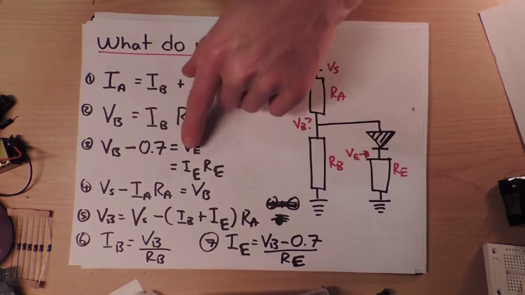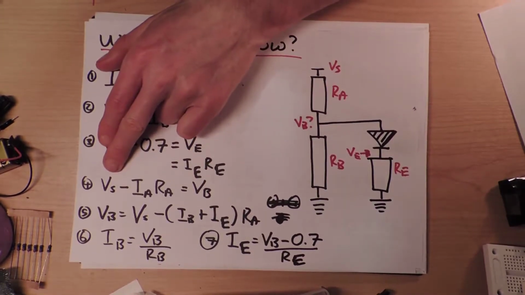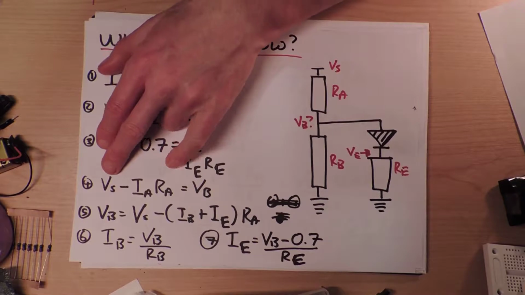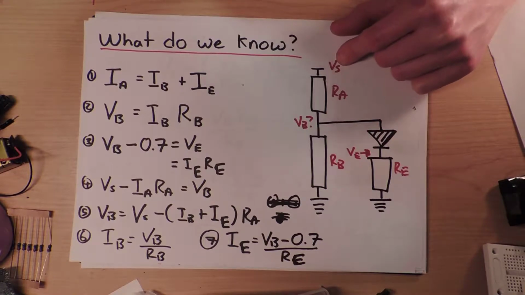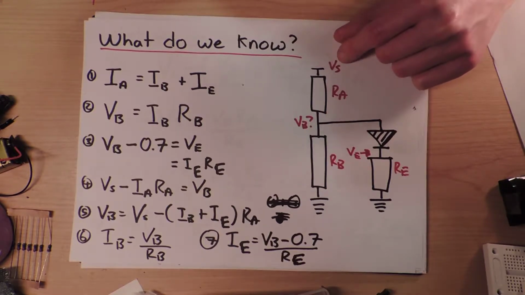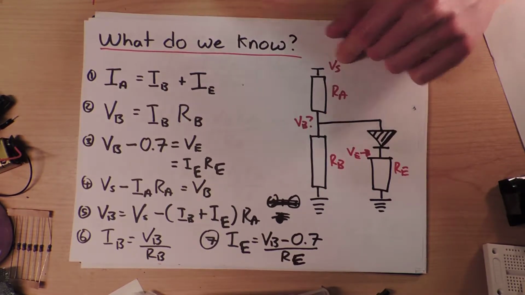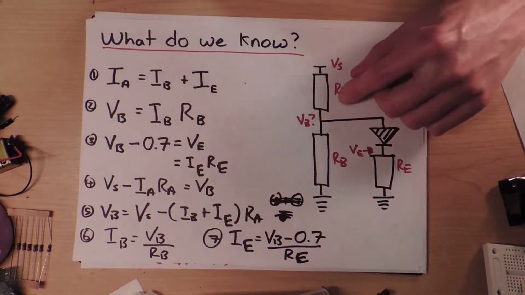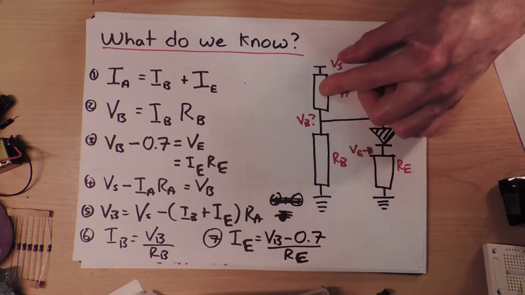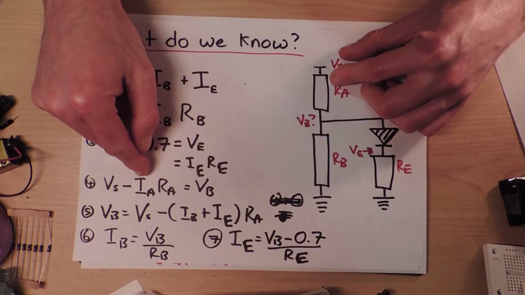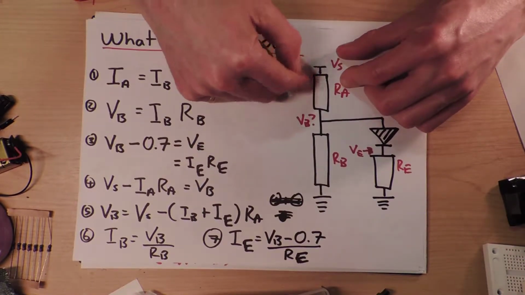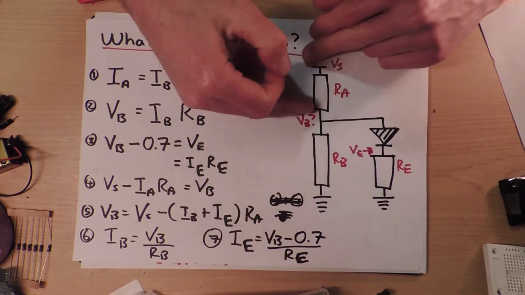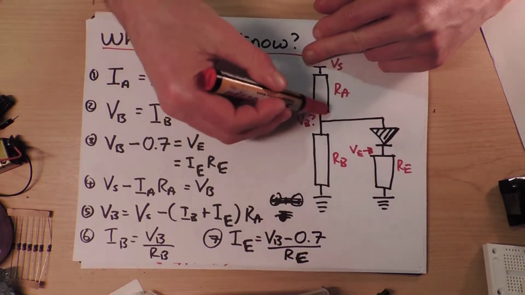If you just rearrange that equation. So coming down here, we've got another equation, something else that I can say. If I know what the supply voltage is, which I'm going to call VS, and you subtract off the voltage across here, which is the current going through RA times RA, which is VA, the voltage across that resistor.